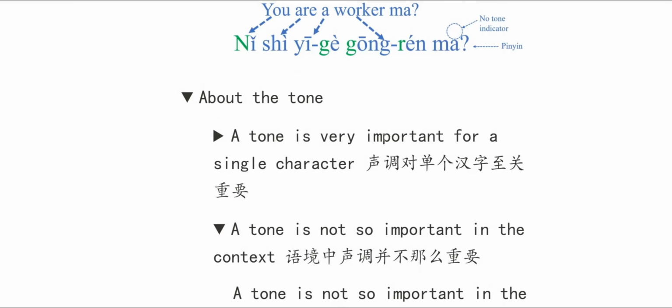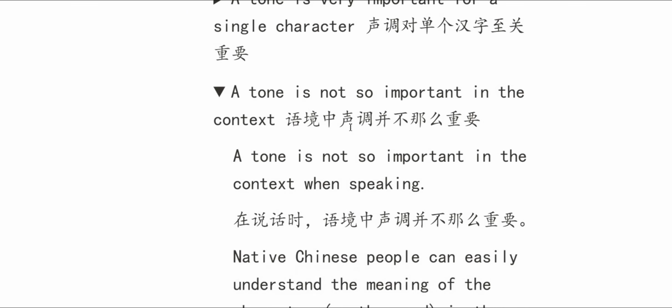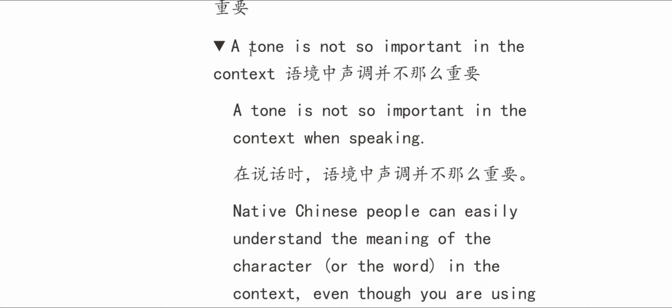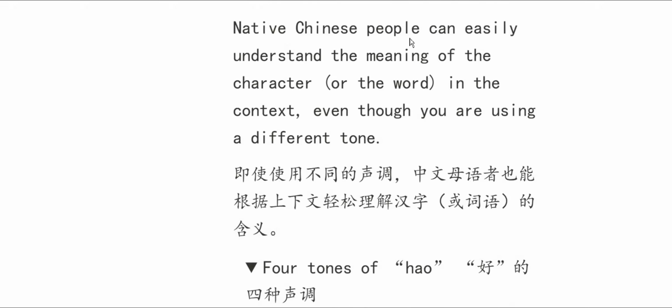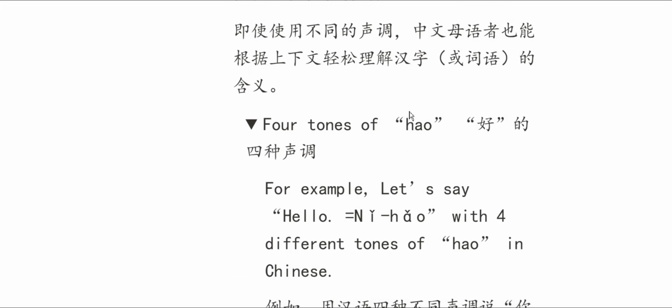So a tone is very important for a single character, but a tone is not so important in the context when we speak, because native Chinese people can easily understand the meaning of the character or the word in the context, even though you are using a different tone.